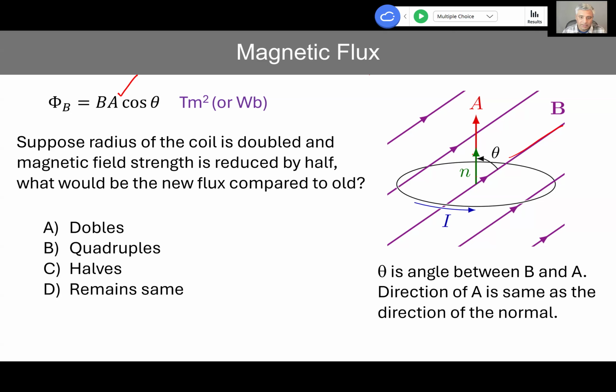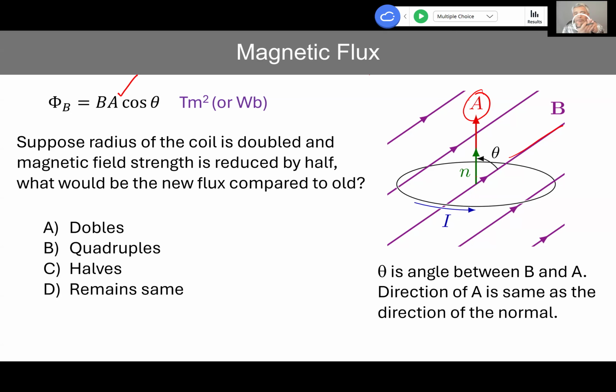For that to be definitive, we also have to know which way current is flowing. When current flows something like this in a loop, you can use the right hand rule like this: grab it, so it's flat, and from the near side it's going that way. You see my thumb is pointing up. That's why that's the direction of A, area.